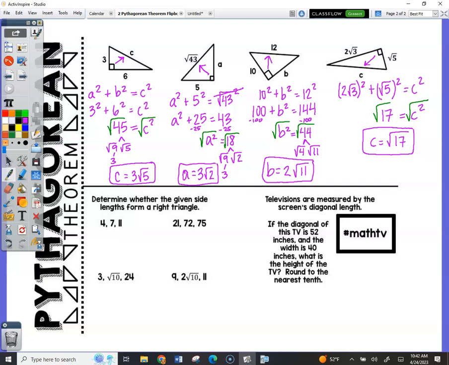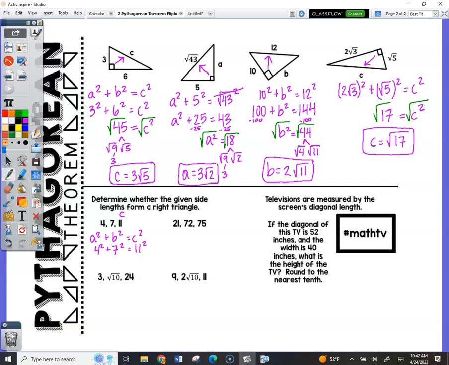So in this right here, 4, 7, 11, clearly this is C. Then you plug all 3 of them into the Pythagorean Theorem. So I'm going to write a squared plus b squared equals c squared here. Doesn't matter how you plug the 4 and the 7 in. What matters is the 11 has to be in place of c.